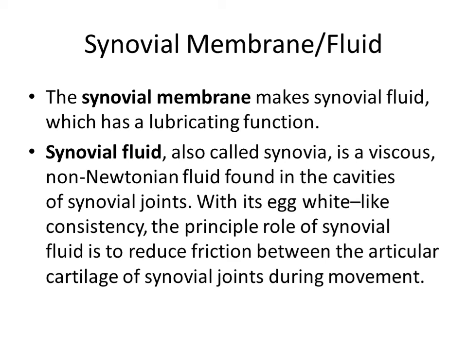So, in other words, what is actually synovial fluid? Well, it is also called synovia. It's a viscous, non-Newtonian fluid found in the cavities of synovial joints. With its egg white-like consistency, the principal role of synovial fluid is to reduce friction between the articular cartilage of synovial joints during movement.